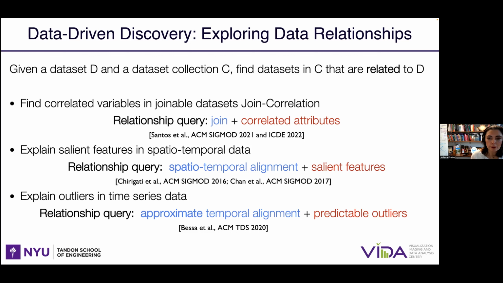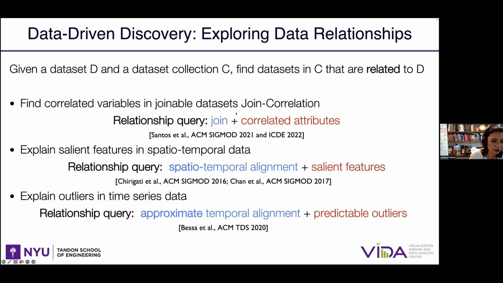And there is a pattern that you can observe in these different queries, in the sense that they have 2 components. One is the alignment, is how you specify how to put together the different data sets. And the other one is the actual relationship that you're looking for.